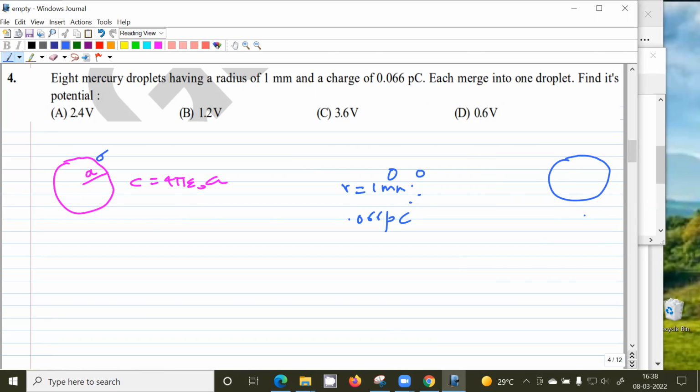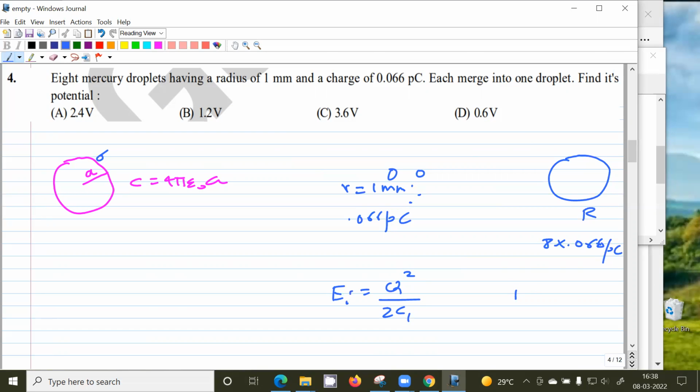And the final situation is one big droplet. It will have some radius, say let's call it capital R. But the charge will be 8 times 0.006 picocoulomb. So two charges are known. So initial energy is Q square by 2C.